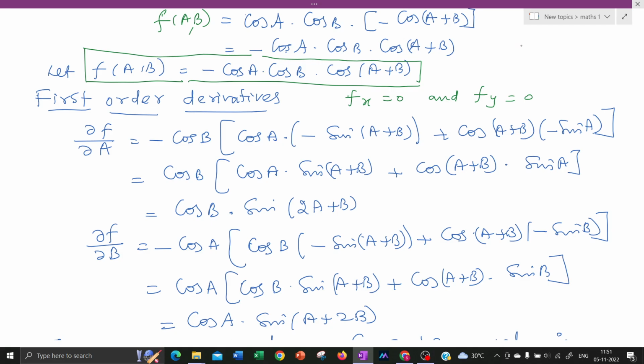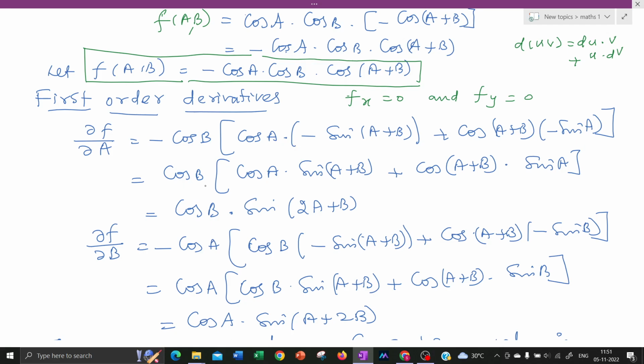What is the d of u v formula? D of u v is u into dv plus v into du. Using this formula you can find it.